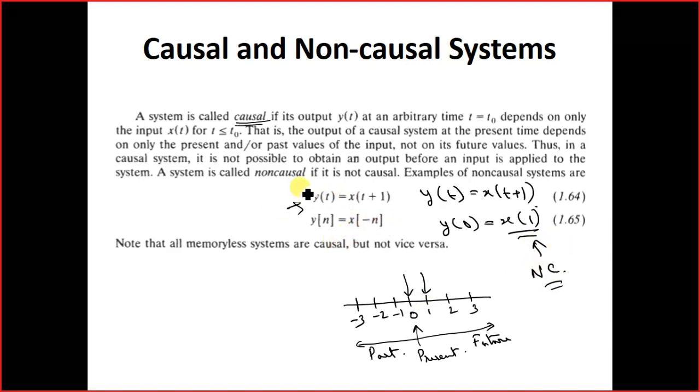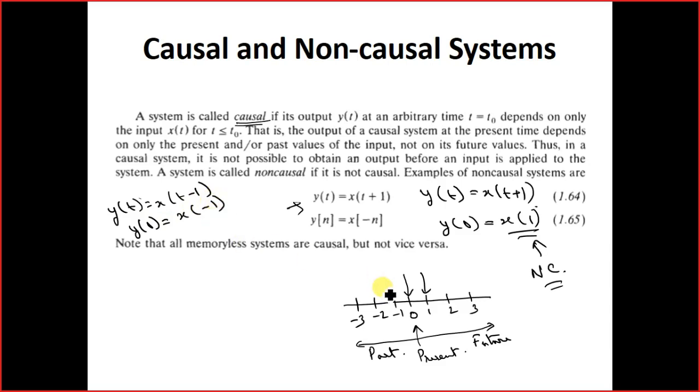However, if this equation had been y of t equals x of t minus 1, then what would have happened? y of 0 equals x of minus 1. So now my x input would be on the left hand side. So this is a causal system.